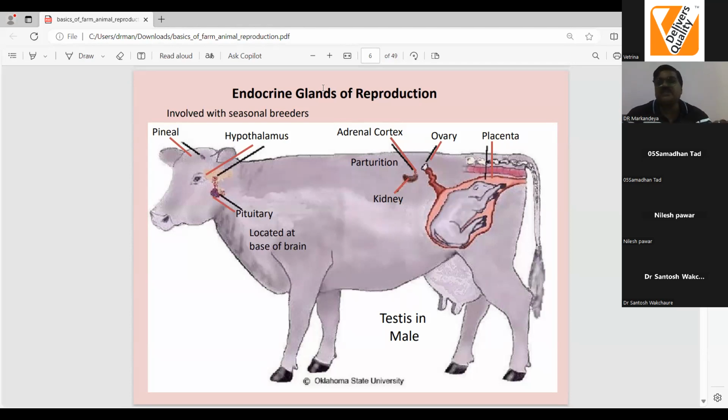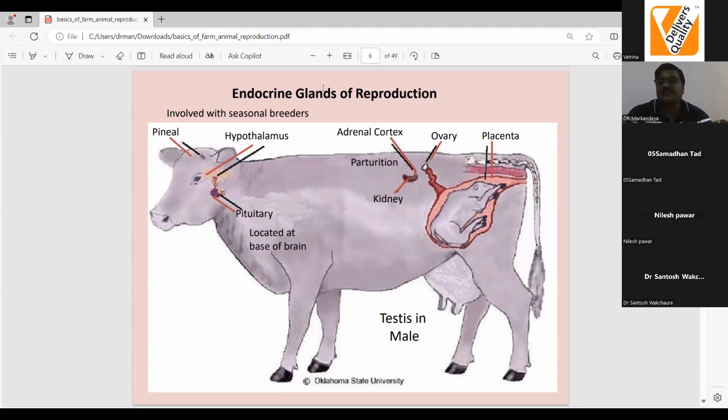The next important gland is the pituitary, anterior lobe and posterior lobe. Anterior lobe is related with three non-reproductive hormones and three reproductive hormones, whereas posterior lobe is related with vasopressin and oxytocin, these two. Somatotropic hormone, STH, that is the growth hormone. Number two, follicle stimulating hormone.